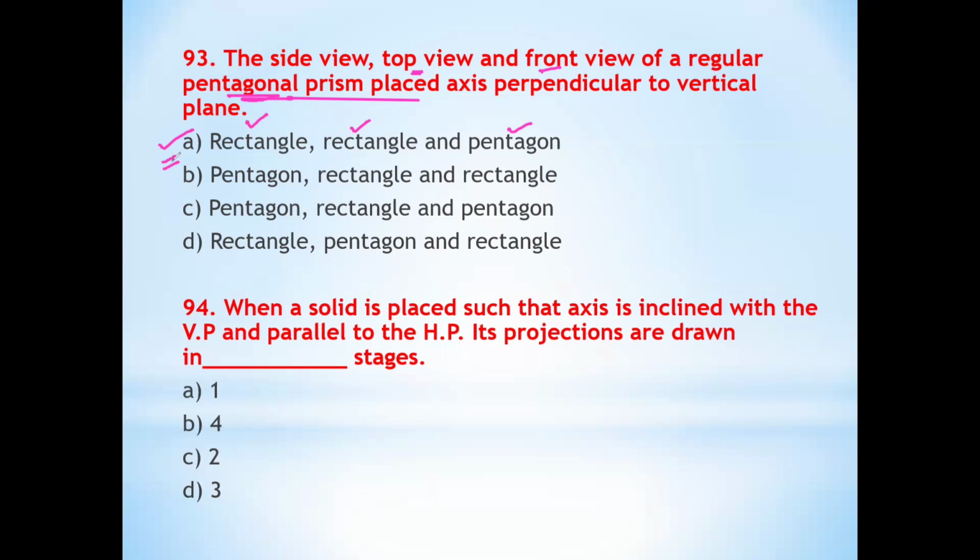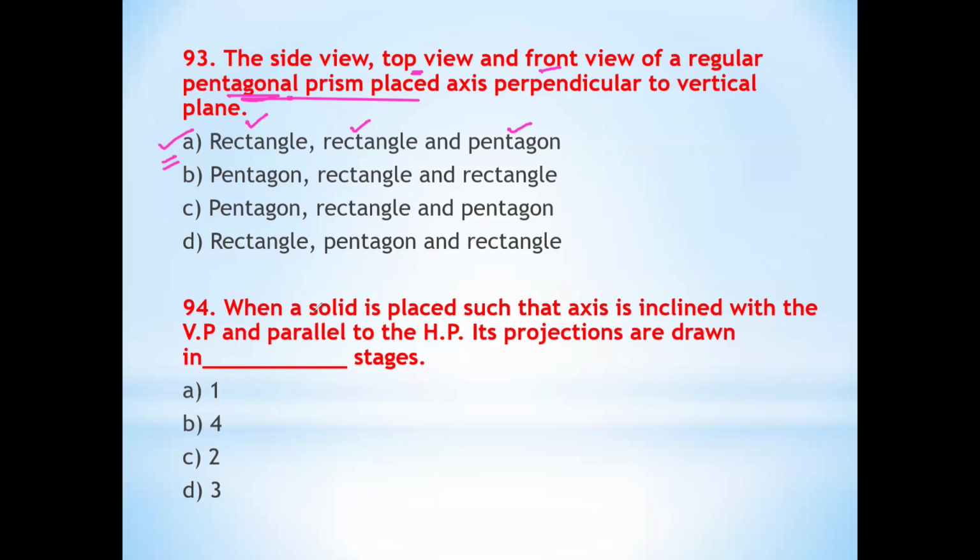Okay. So we'll see the next one. When a solid is placed such that the axis is inclined with the VP and parallel to the HP, then its projections are drawn in dash stages.